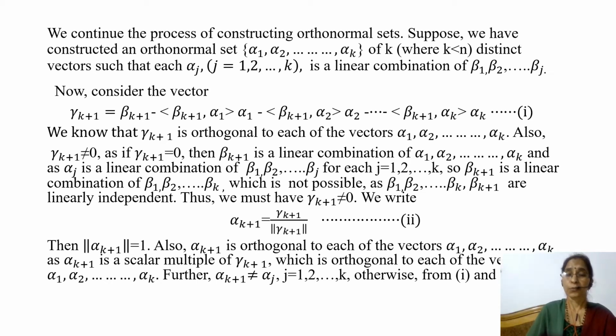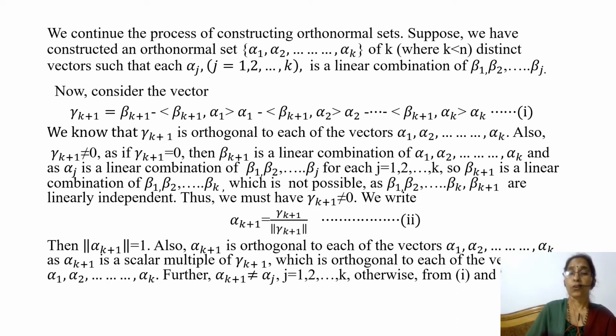So here we note that gamma k plus 1 is orthogonal to alpha 1, alpha 2 up to alpha k, and gamma k plus 1 is a non-zero vector. So we can define a vector alpha k plus 1 equal to gamma k plus 1 divided by the norm of gamma k plus 1.